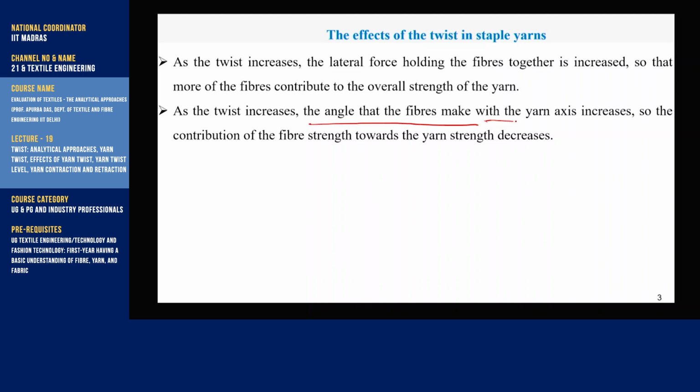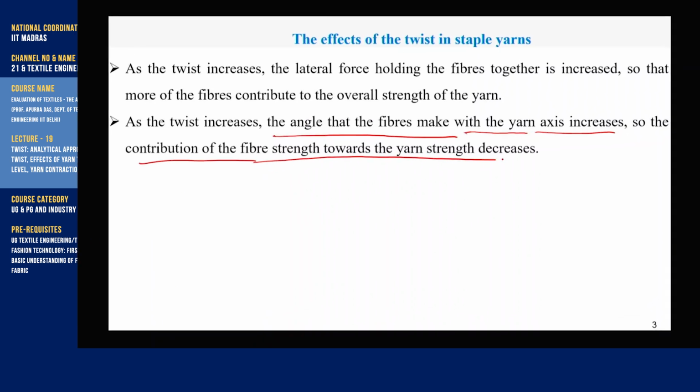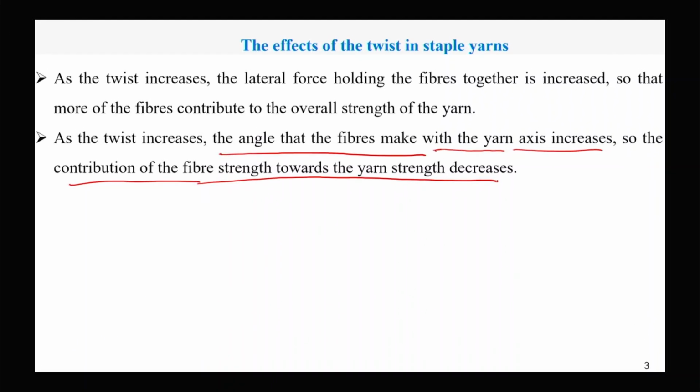As the twist increases, the angle that a particular fiber makes with the yarn axis increases. So the contribution of the fiber strength towards the yarn strength decreases. What does it mean? In case the fibers are parallel, the angle of the fiber with the axis is 0 degree.